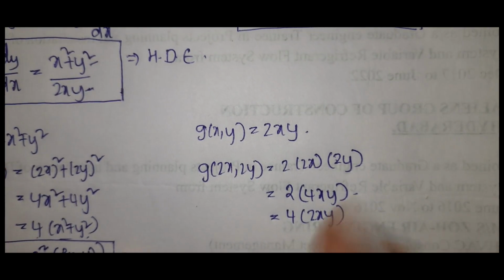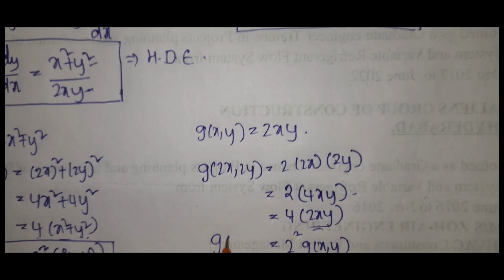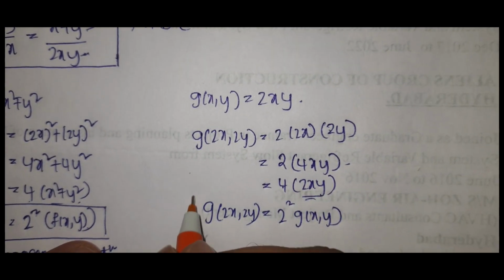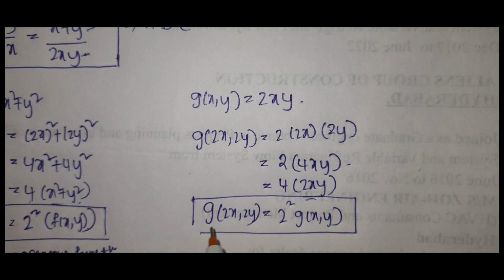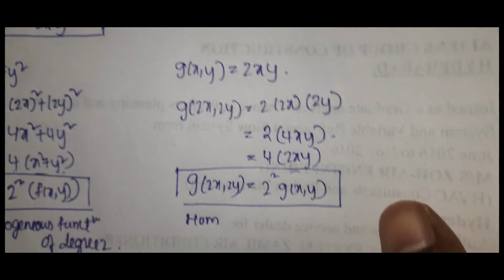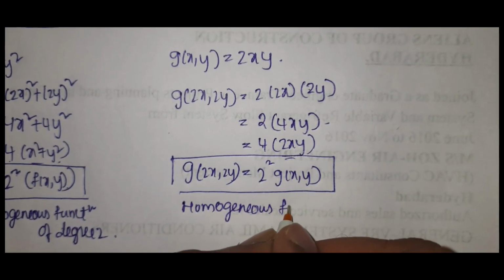So this 2xy is nothing but g of x comma y, and this 4 can be written as 2 to the power of 2, which gives g of 2x comma 2y. This function also satisfies the condition of homogeneous. So this is also a homogeneous function of degree 2.